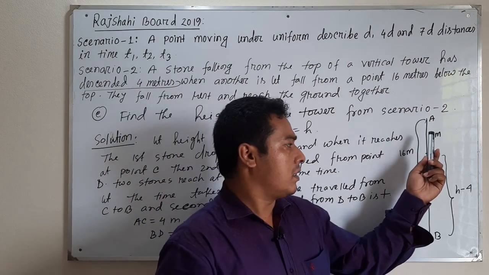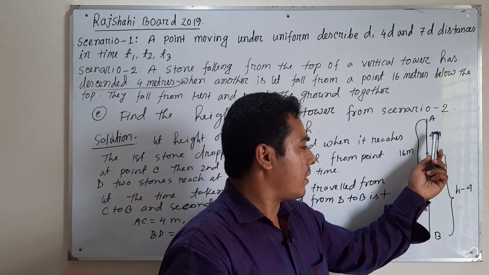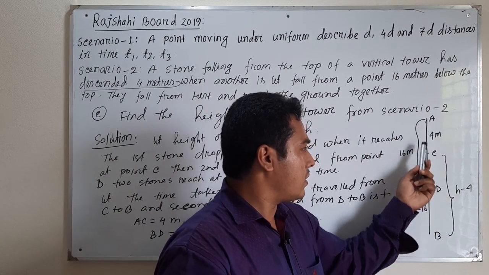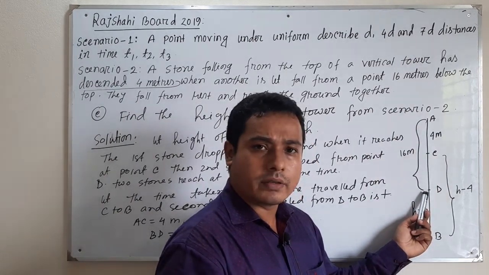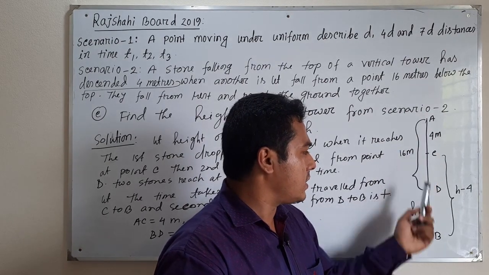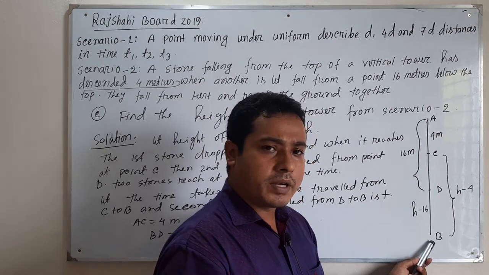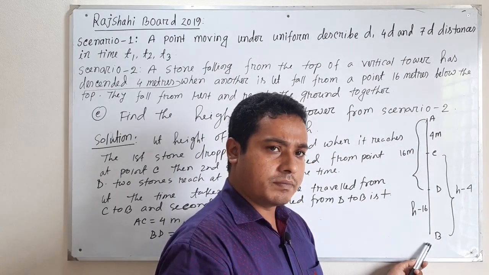The first stone drops from point A, and after 4 meters, the second stone drops from the point D, and from the top this distance is equal to 16 meters, and they reach point B at the same time.